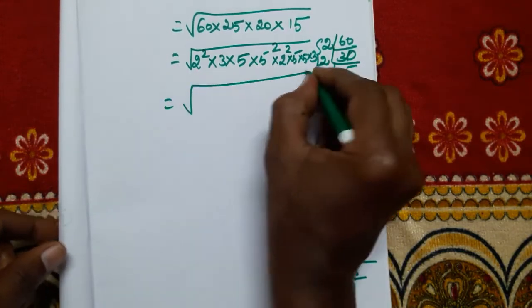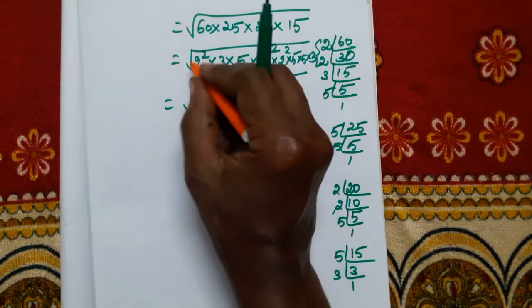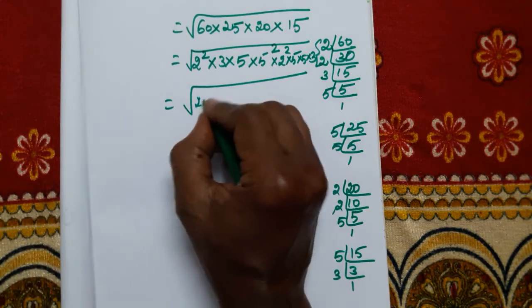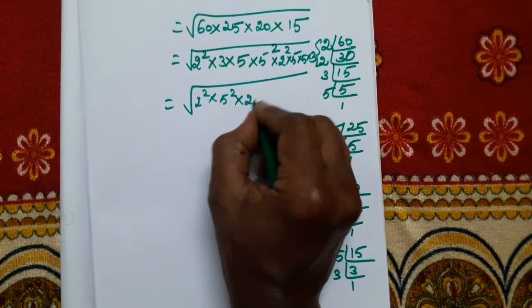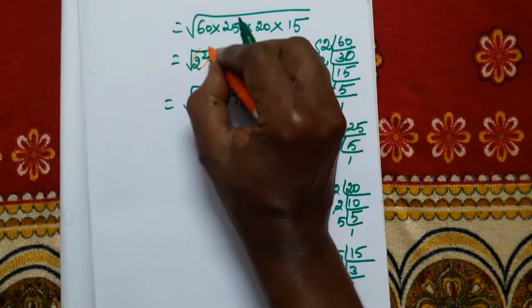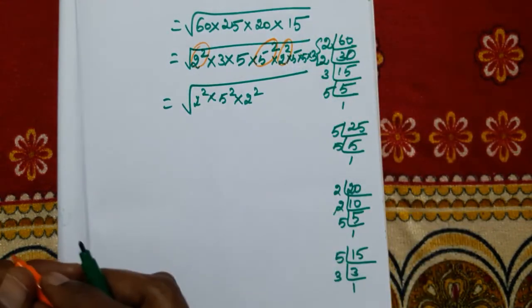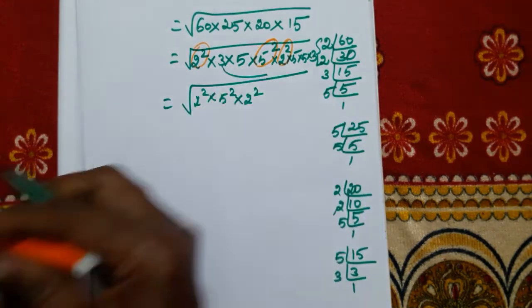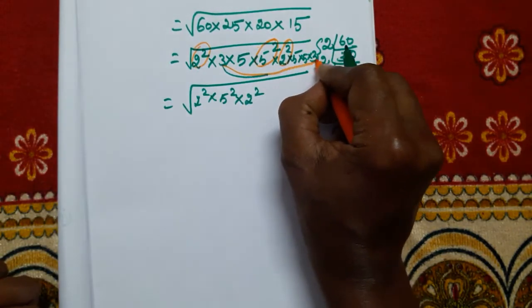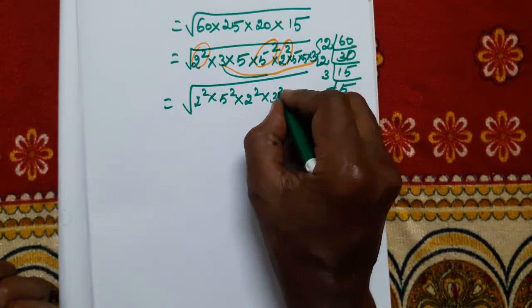So it's equal to, when we are taking the pair numbers together, what are we getting? 2 square, 5 square, next into 2 square. Next here 3 into 3, this both also are a pair, so we write 3 square.